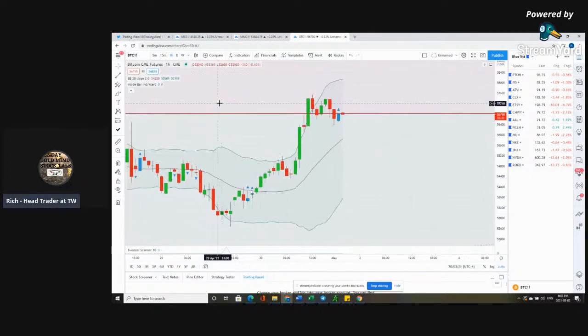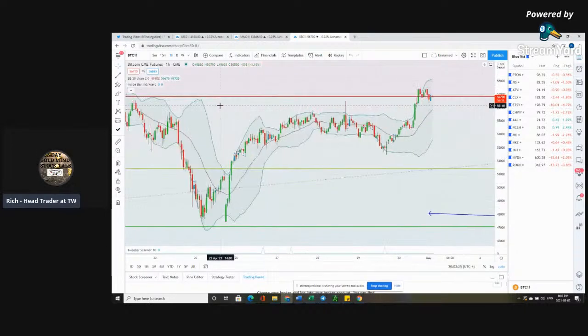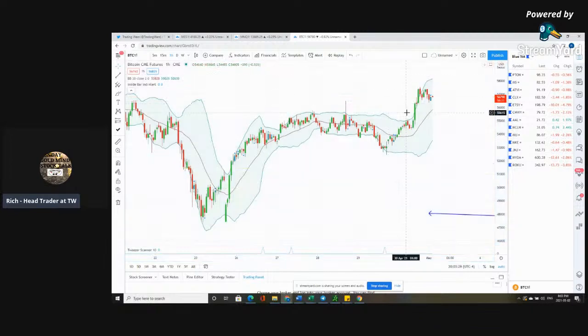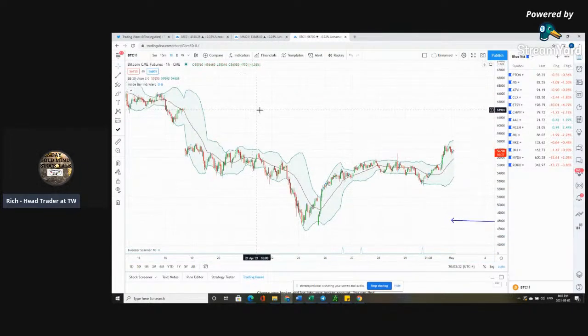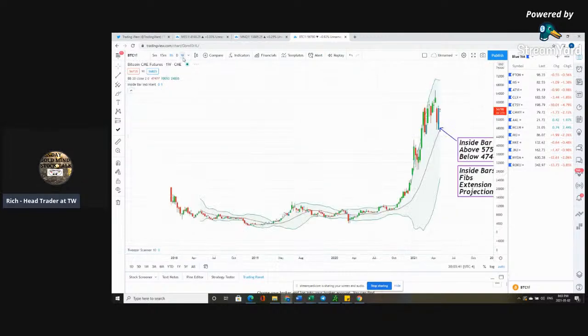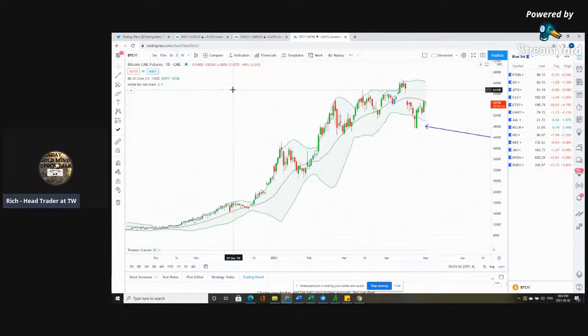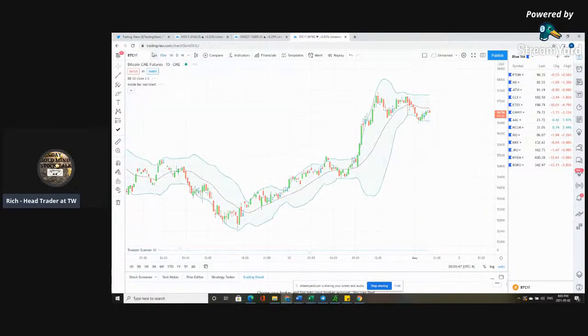All right. So what I wanted to talk about specifically here is I want to go down to the hourly chart, and I want to just start teaching you guys some of the Fibonacci action and helping you guys understand it. All right. So with the fibs, guys, there's always going to be impulsive legs. There's always going to be bigger picture fibs like on the weekly, the daily chart, and then there's always going to be smaller fibs on the hourly, 15-minute, and 5 chart.